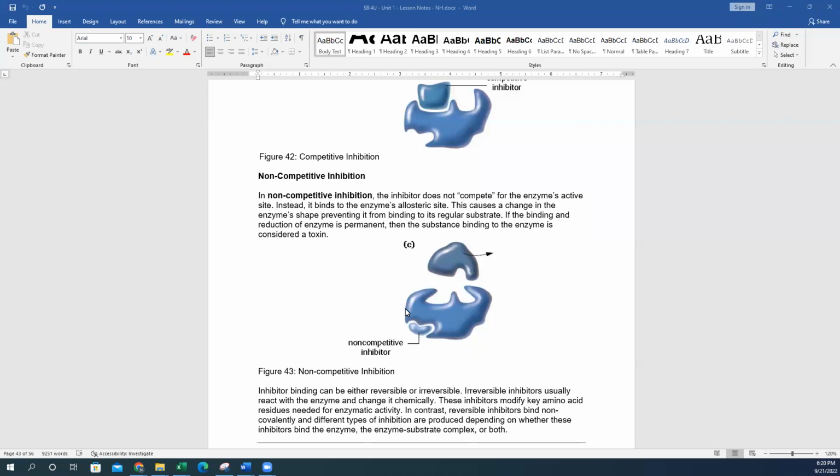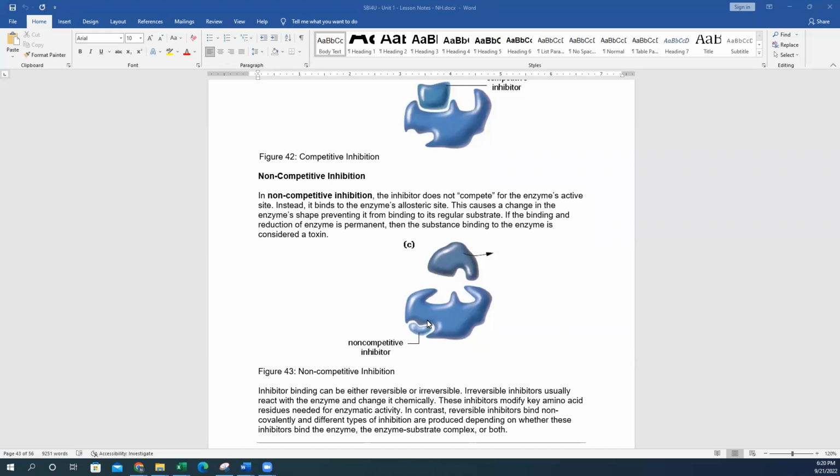And sometimes this binding is so tight that it induces a permanent change in the conformation and the three-dimensional structure of the enzyme at its binding site.